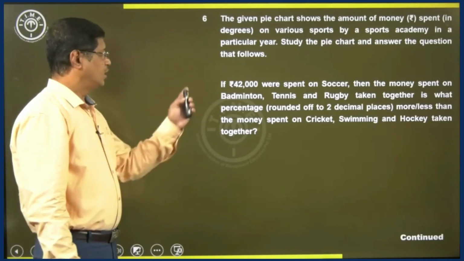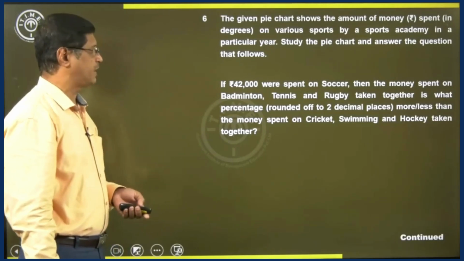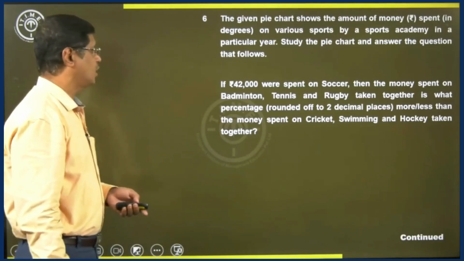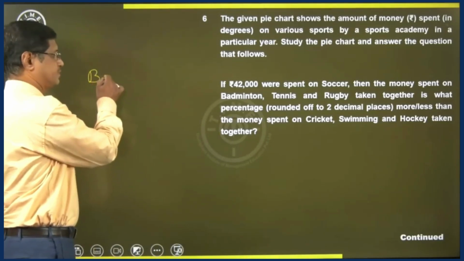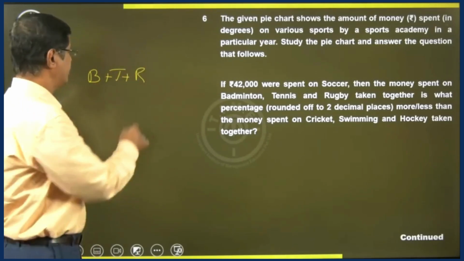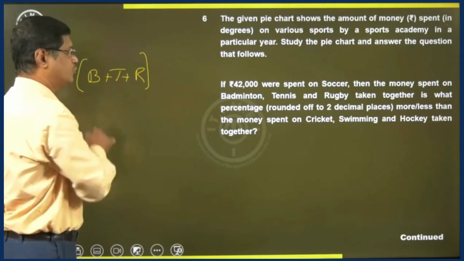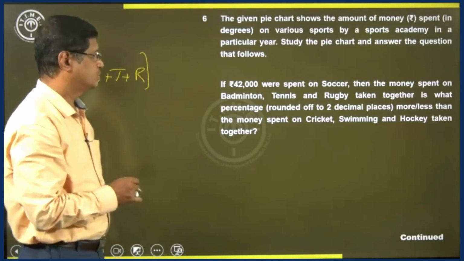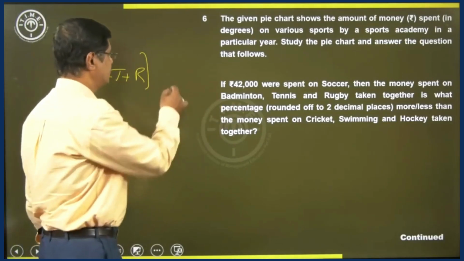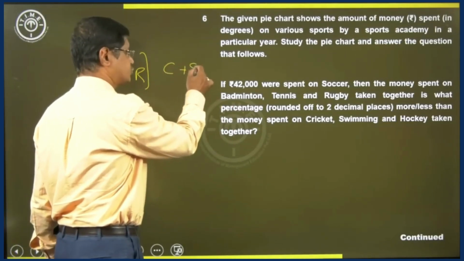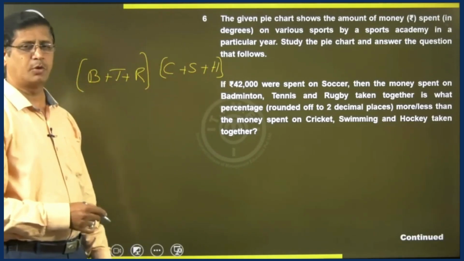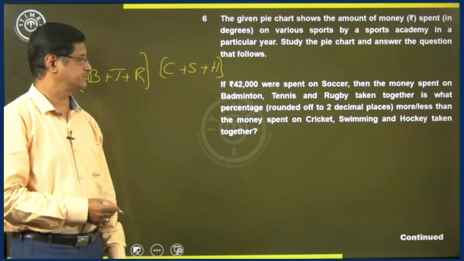If rupees 42,000 were spent on soccer, then the money spent on badminton, tennis, rugby taken together is what percentage more or less than the money spent on cricket, swimming and hockey? So percentage more or less we need to find out.